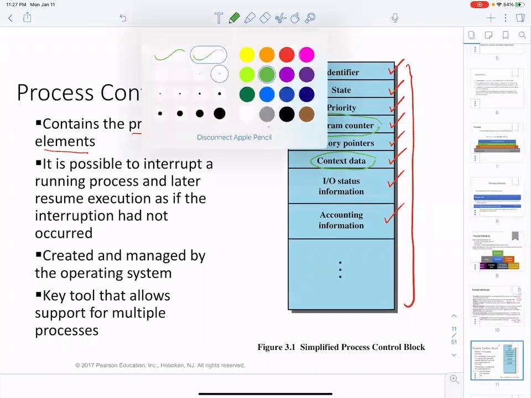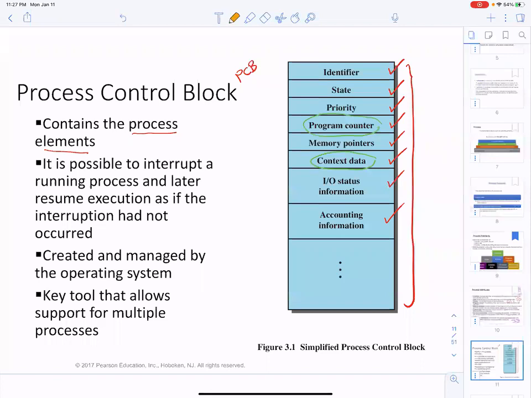So it's easy for us now to identify a process, which is characterized by its process elements. Our process elements right now include the program counter, the data associated with the process, and the process control block.